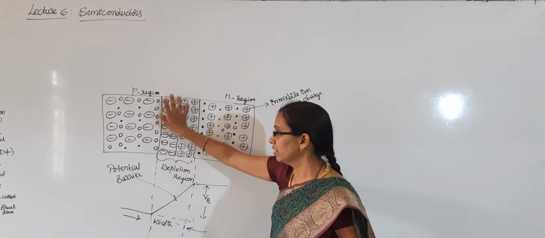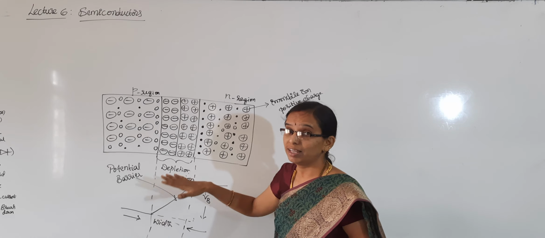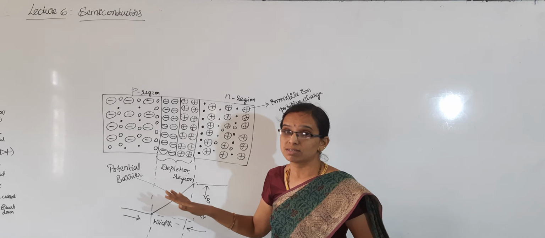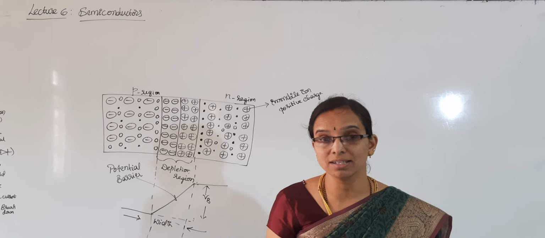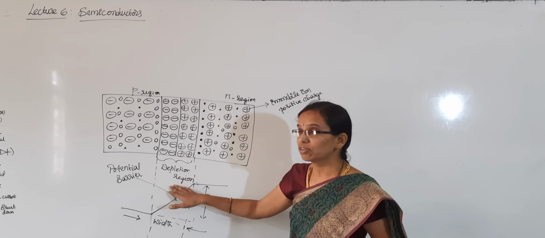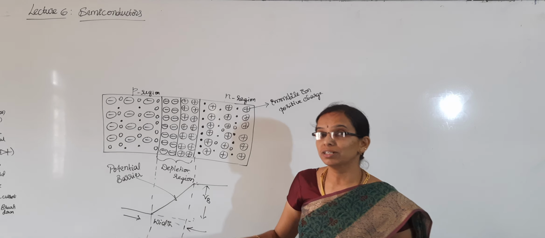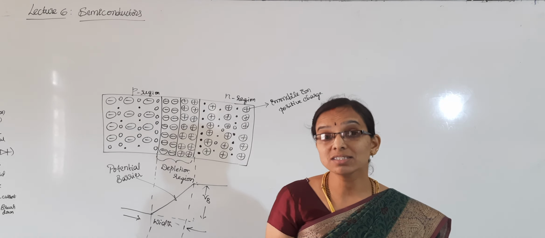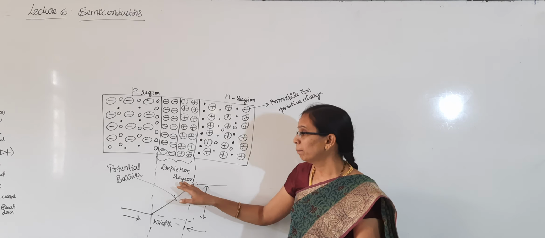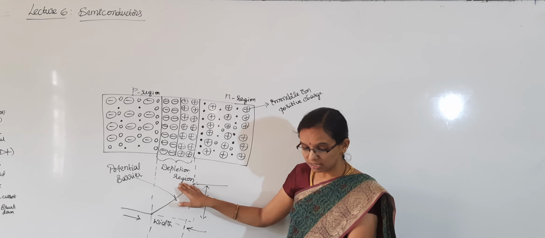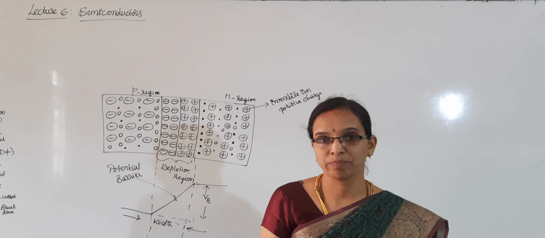This region near the junction, which is full of immobile charges and where there are no free electrons or holes, is called the depletion region. Depletion, as the dictionary meaning says, means it is depleted of free charge carriers. Therefore, it is called the depletion region.